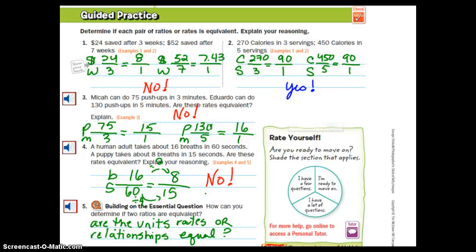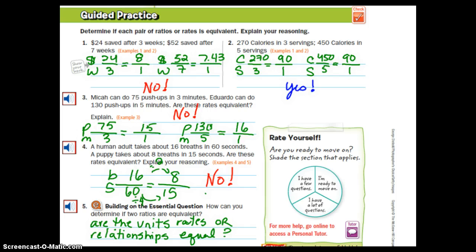In number 3, we notice that Mikhail can do 15 in 1 minute, while Eduardo does 16 in 1 minute, so again the answer is no. And then when we talk about human breaths per second, the relationship to go from one to the other in the numerator is divided by 2, and the denominator is divided by 4. The answer is emphatically no.